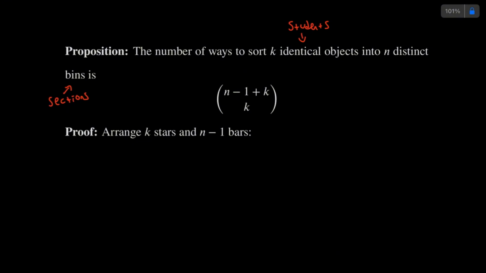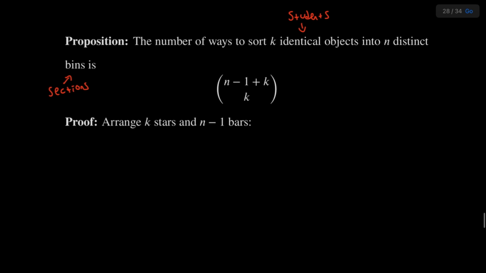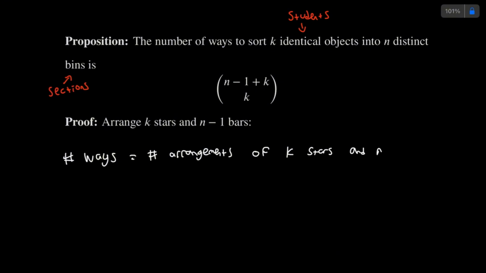And the proof is basically as before, right? So the number of ways, let's write it like this, the number of ways is the number of arrangements, I'll say it like this, of k stars and n minus 1 bars, right?